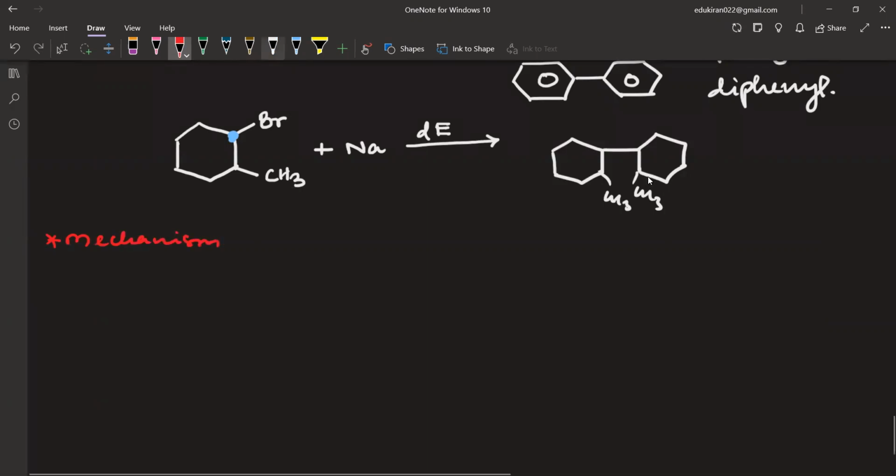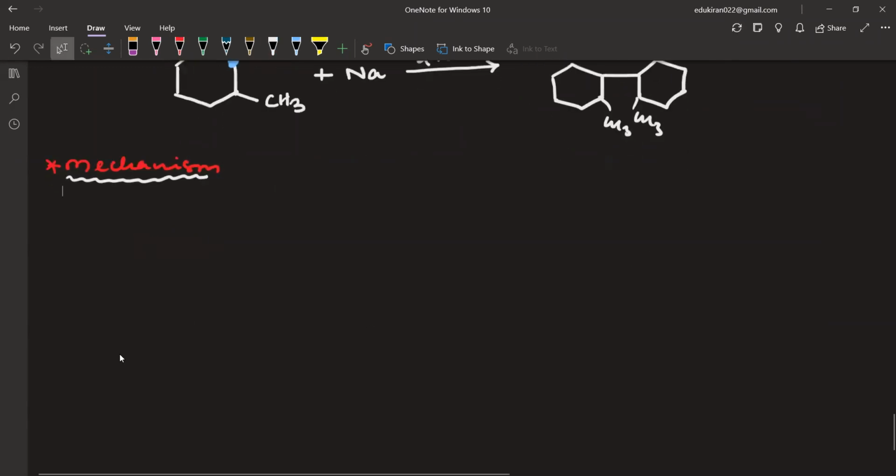The actual mechanism of Wurtz reaction is a bit complicated. It is a single electron transfer mechanism, but we can understand it in a concise way also. In the reaction, we have sodium atoms. First of all, sodium being a metal, I have two sodium atoms, they will dissociate into two Na positive and two electrons.